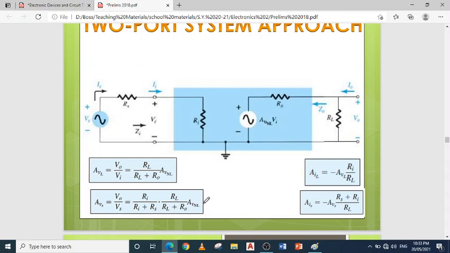Take note that this part is just AVL. So, to solve for AVS, you need AVL, and to solve for AVL, you need AVNL. Let's use these formulas.